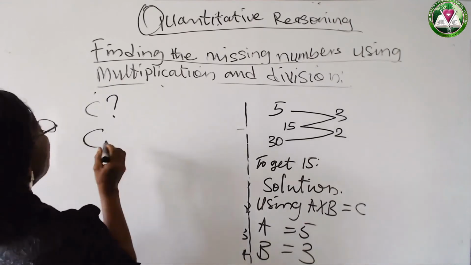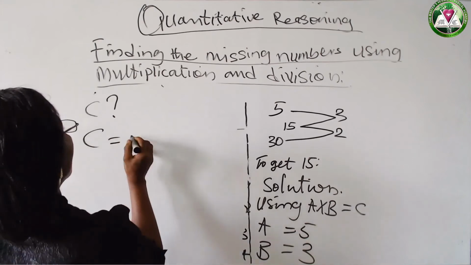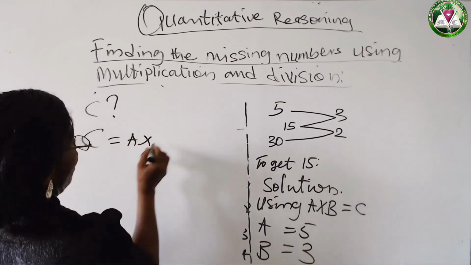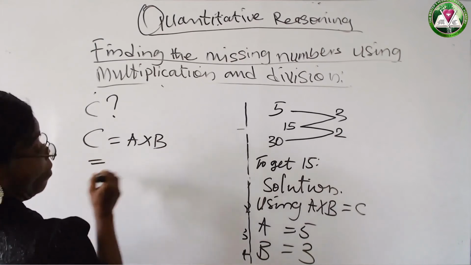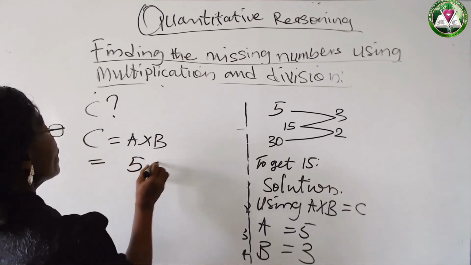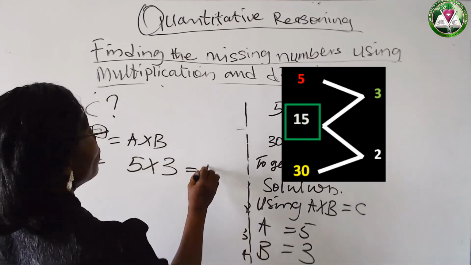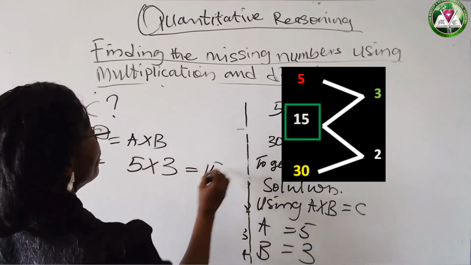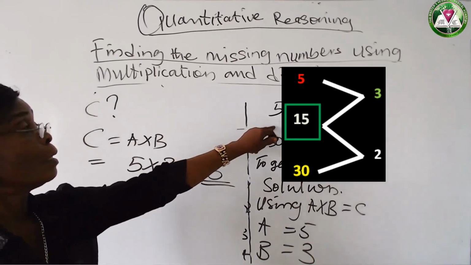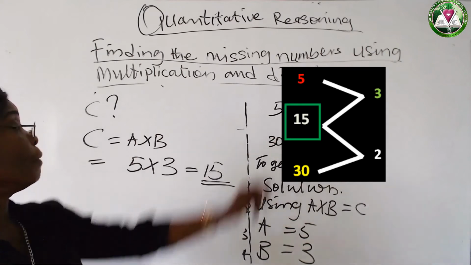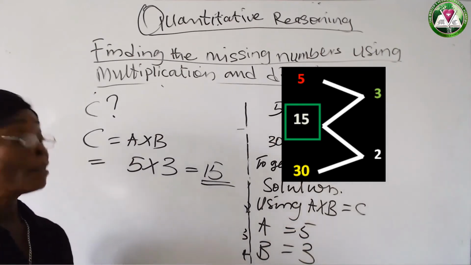C now will give us A times B. And this will give us 5 times 3 equals to 15. This is how to get this number here, 15. Any question? Are you following? Very good.